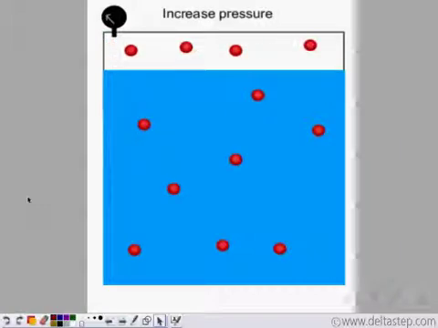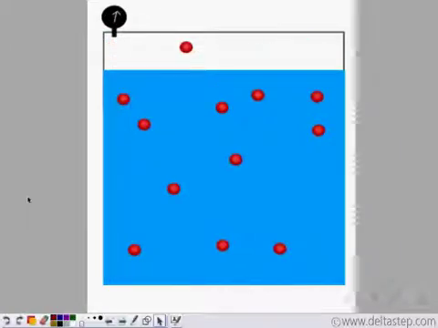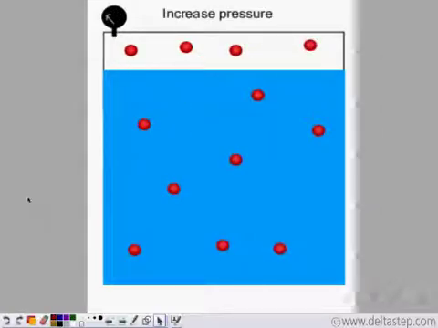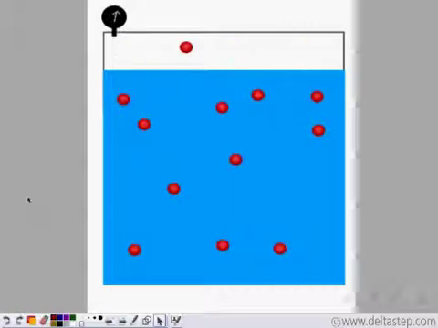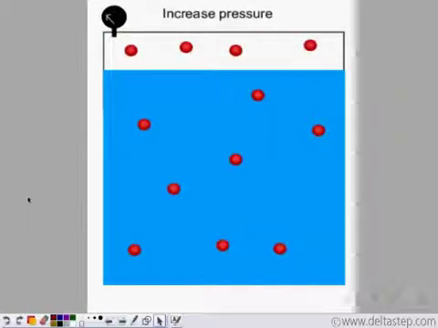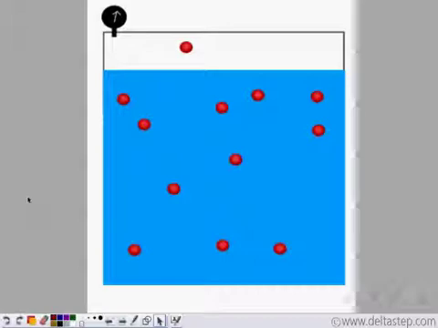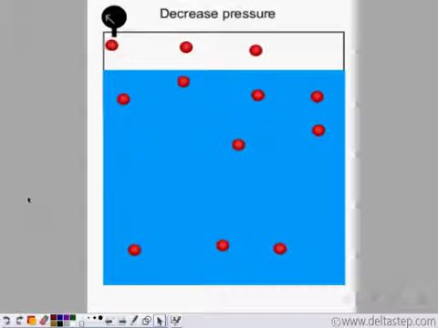And when we decrease the pressure, they escape. So in order to balance the external pressure with the internal pressure, if we increase the external pressure, the gas particles enter the solution. Now the pressure inside is more, so if we decrease the pressure, the gas from inside the solution escapes. So pressure should always be equal.